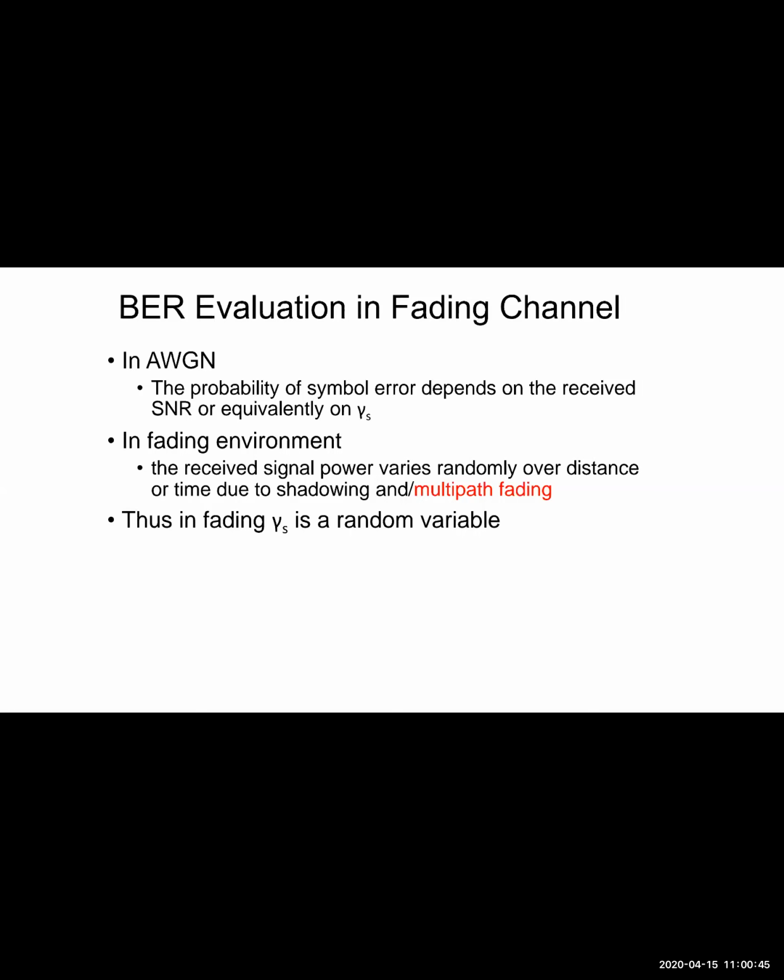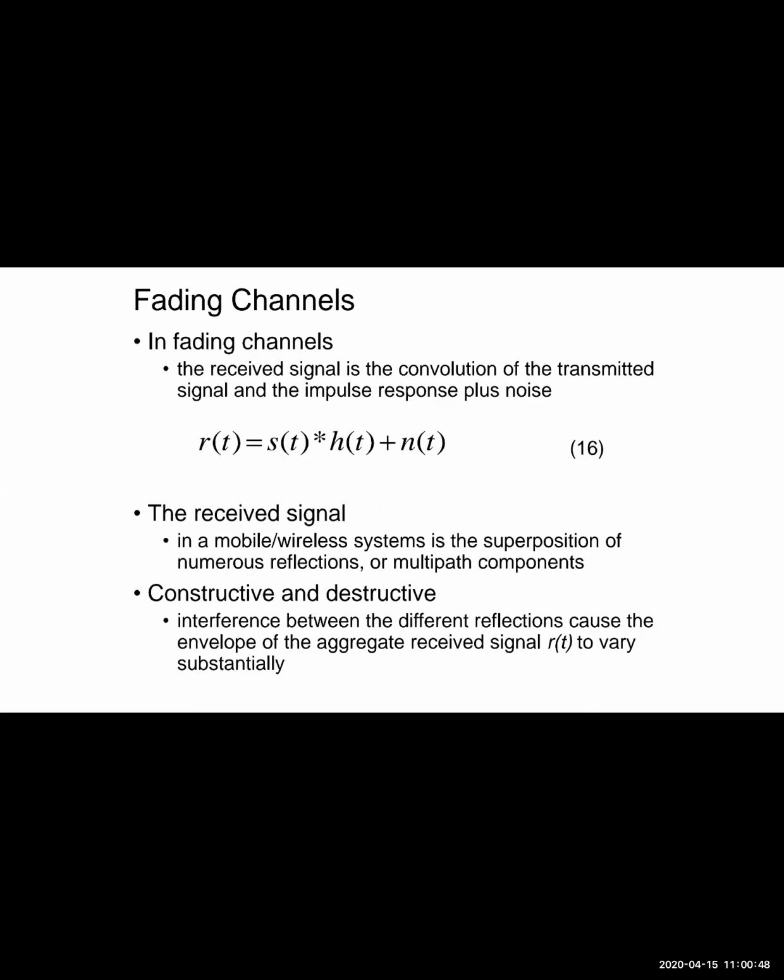Okay. So this is what we have. In a fading channel, if you look at equation 16, at the receiver side, we have r(t) as the signal. Then from the transmitter side to the receiver side along the line, h(t) is added, there's some convolution, and then the noise.